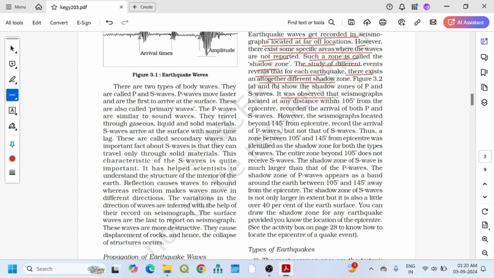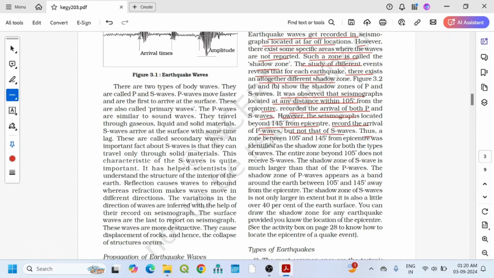It was observed that seismographs located at any distance within 105 degrees from the epicenter recorded the arrival of both P and S waves. However, the seismographs located beyond 145 degrees from the epicenter record the arrival of P waves but not that of S waves.